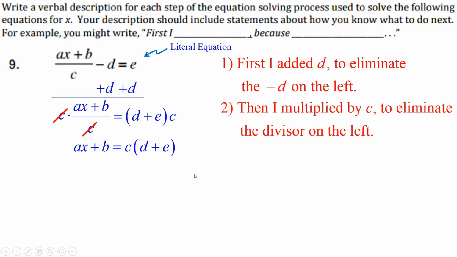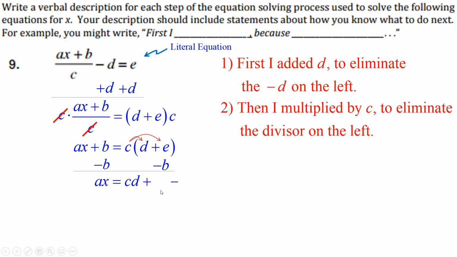All right, now we better get rid of that plus b. How about we subtract b from both sides? So what do I have here? ax plus b minus b is just a times x. And over here I'm going to go ahead and distribute the c right now. So I'm going to go c times the d, and then c times the e.